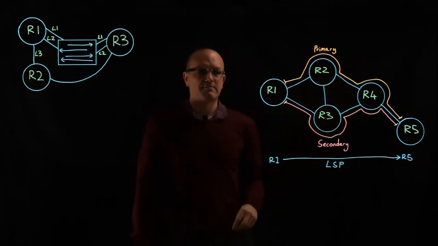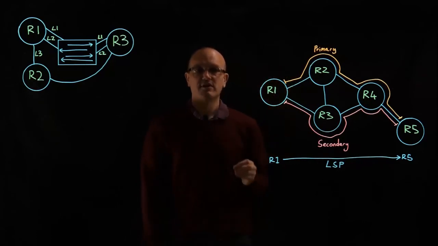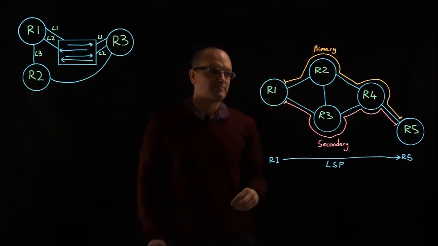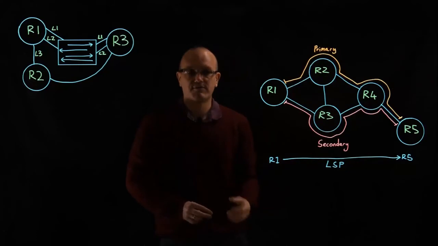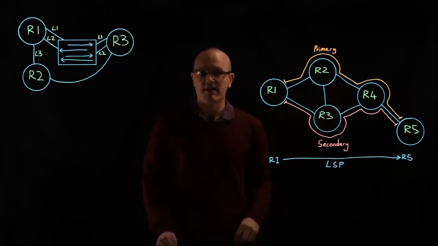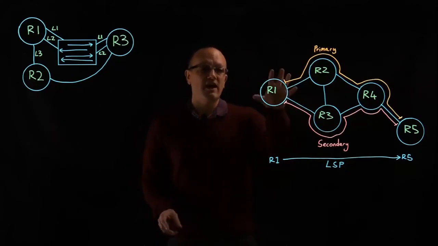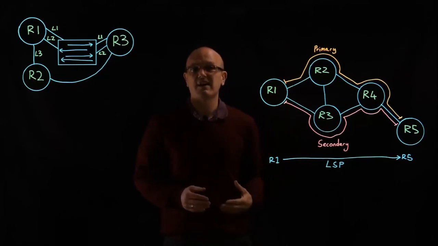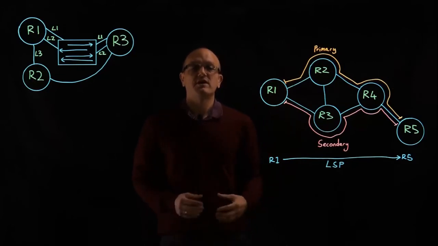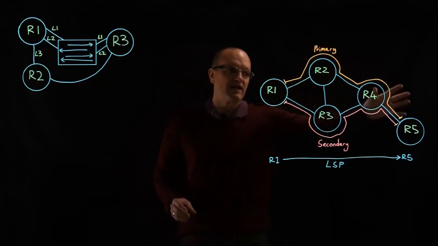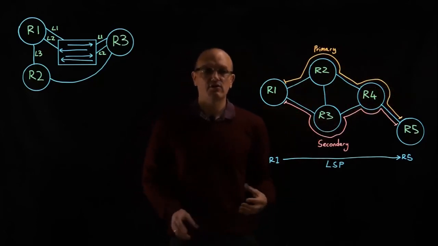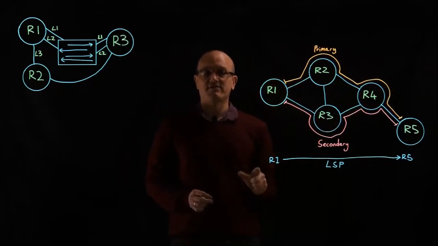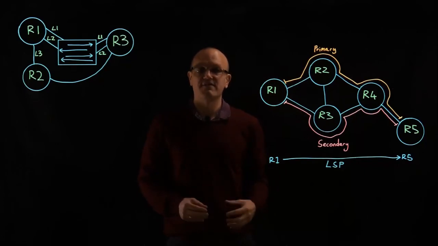The first thing that happens is that the head-end router is notified of this failure through the sending of error and tear messages. Once the head-end is aware that this LSP is no longer functional, he starts to remove state for this LSP, and he starts to look in his TED database for an alternative path for this LSP.